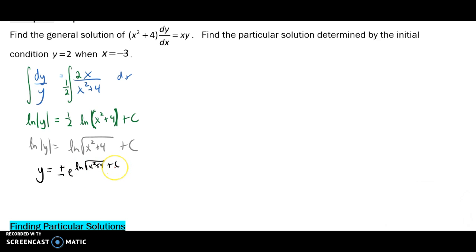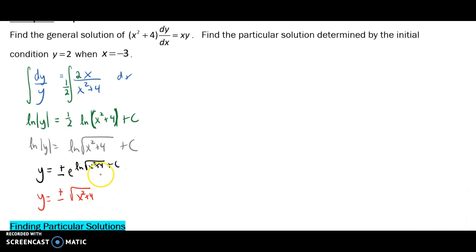Then there is this plus c in the exponent. So as far as that goes, if we had something like e to the x plus y, that's the same thing as e to the x times e to the y. We can split it up like that. So as I'm seeing this problem that we have down here, just using properties of logs and so forth, we could say that y equals plus or minus square root of x squared plus 4, that's the e to the ln of square root of x squared plus 4, times e to the c.